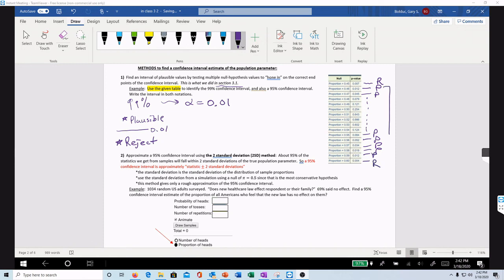So then here, I would say my plausible values for 99% are 0.46, and then the last one was 0.59. That would be my confidence interval for the 99%. And then the only thing I have to do different for 95% is instead of 0.01, my alpha is 0.05. So now I'm just asking, is my p-value bigger or smaller than that alpha?